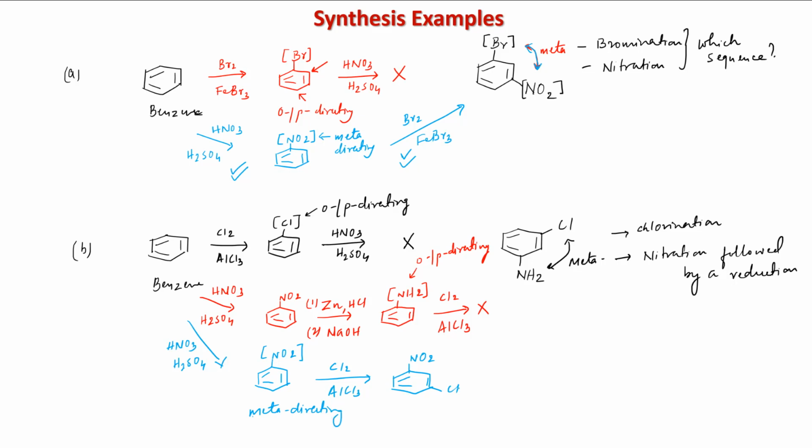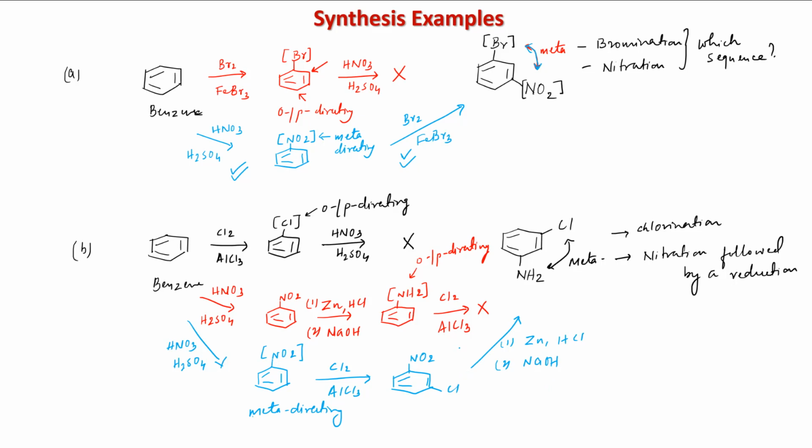So we are able to install the chloro group meta to the nitro group. And then finally, we can do the reduction of the nitro group using zinc and HCl, followed by a basic workup.